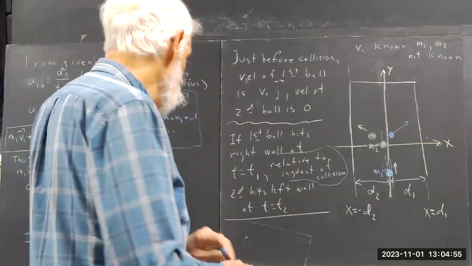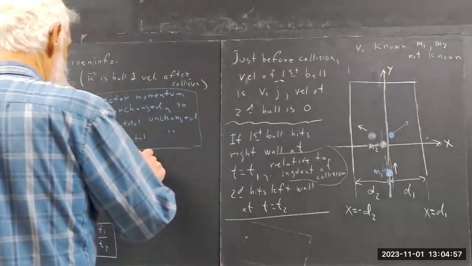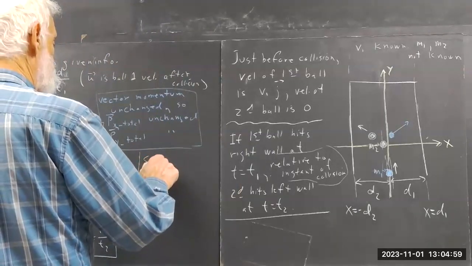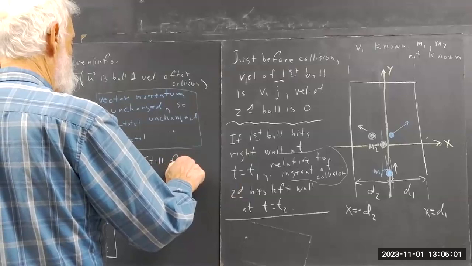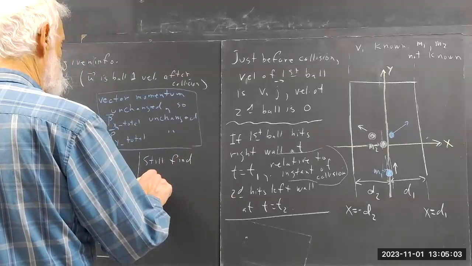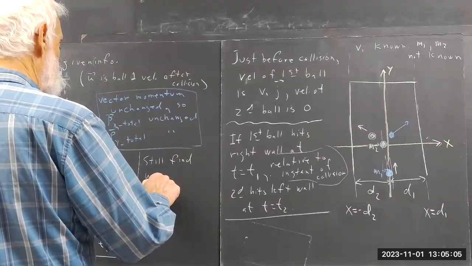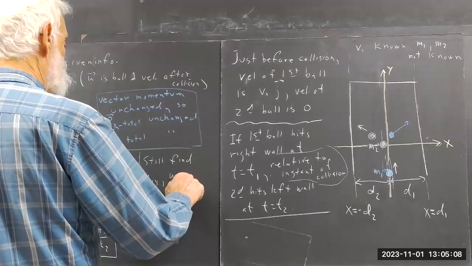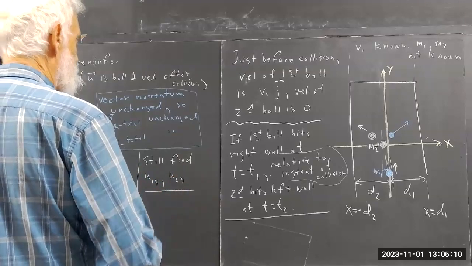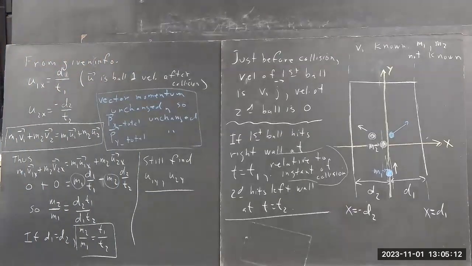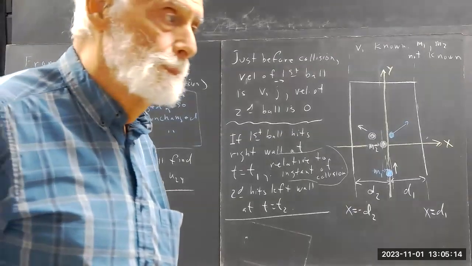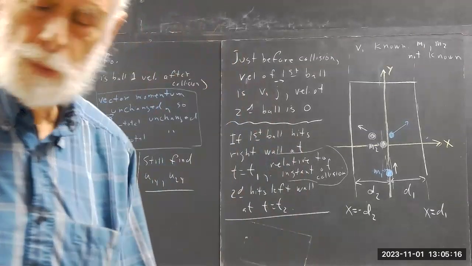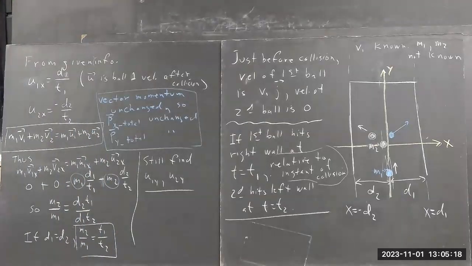So we still have to find U1y and U3y. Now, can we do that? We have the information to do that.